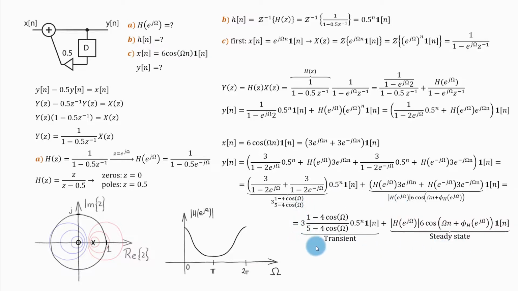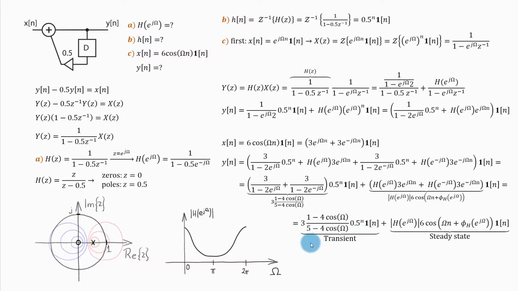And in this form you can recognize two parts, the transient and the steady state. This transient is just a geometric series which will approach 0 as n increases. So this transient can be noticeable at the initial part of the response, but then as n increases it will become negligible.